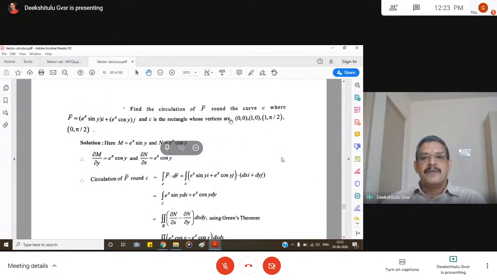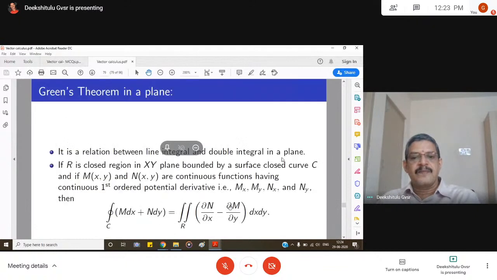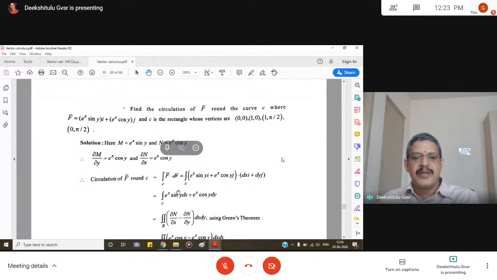Here f is e power x sin y i plus e power x cos y j, and dr means dx i plus dy j. So you get the integral over C of e power x sin y dx plus e power x cos y dy. What is Green's theorem? M dx plus N dy. So what is M here? e power x sin y.